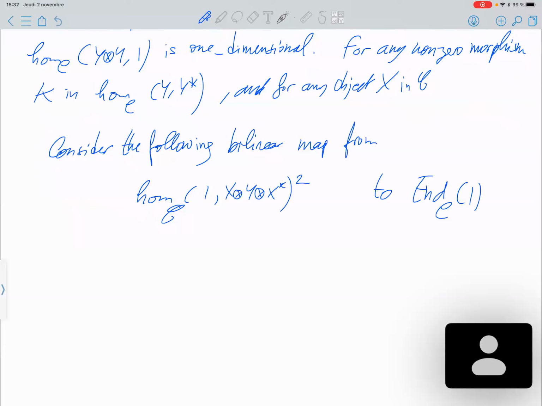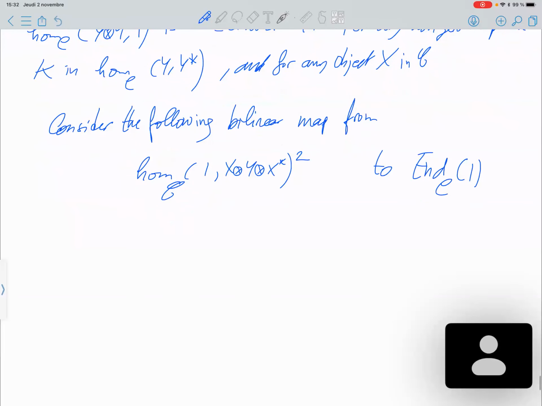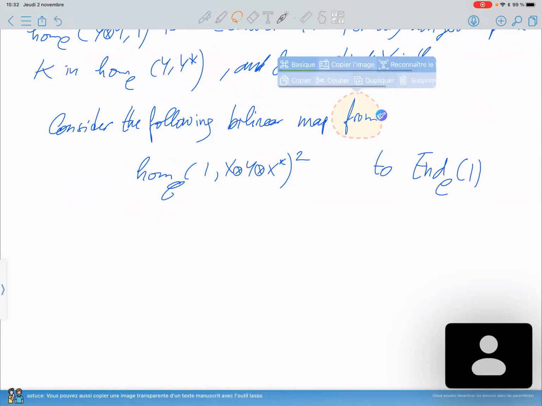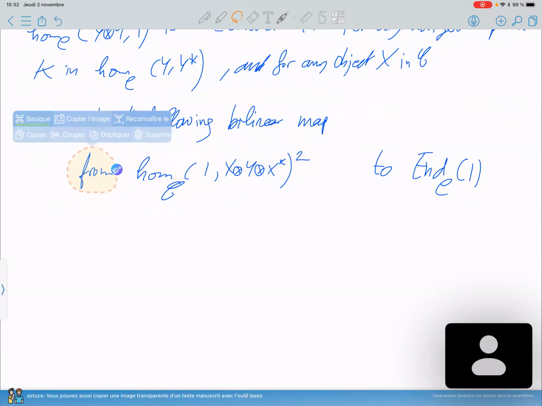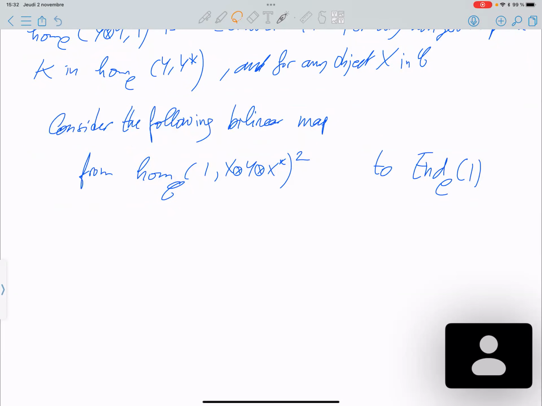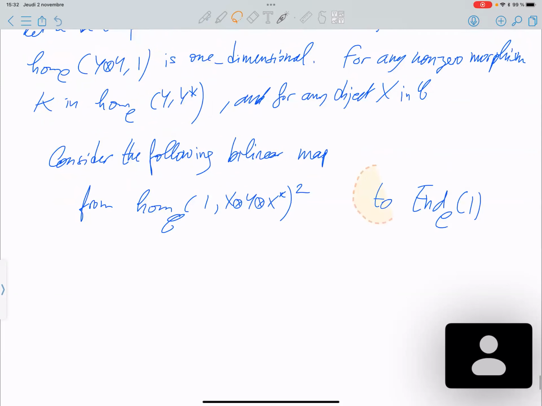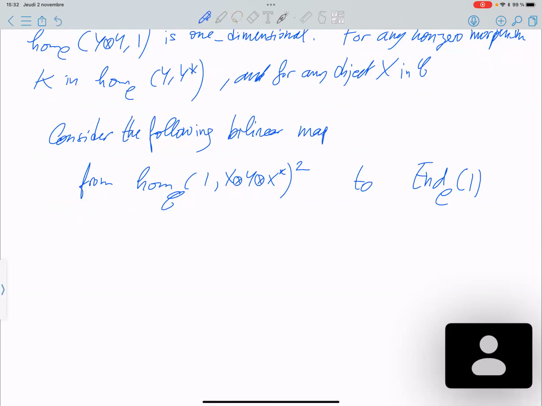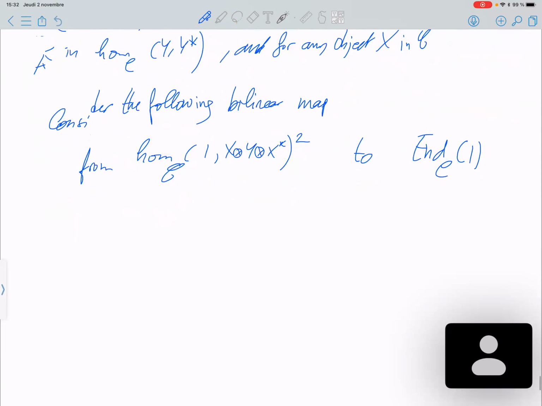So I will draw a picture for this bilinear map.